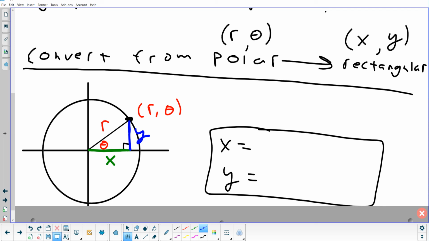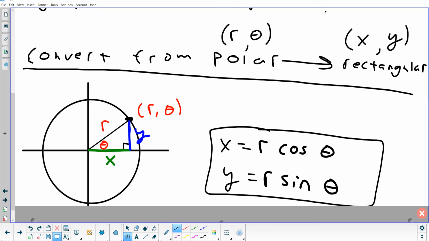So what would be the formula for the x value? R cosine theta. And what would be the formula for the y value? R sine theta.